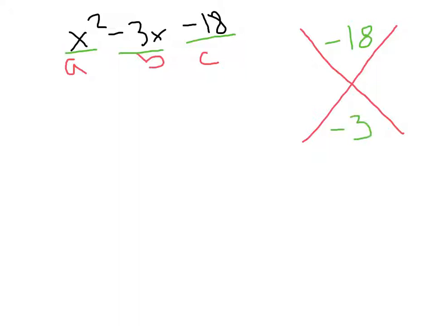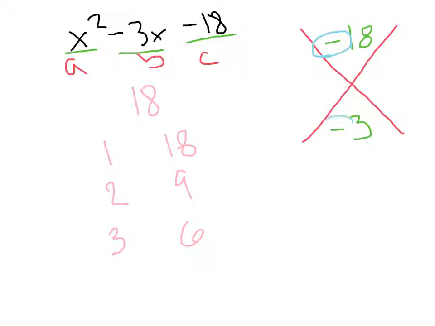And to find what the other two numbers are, we have to find the multiples of 18, which would be 1 and 18, 2 and 9, 3 and 6. And because the 18 has a negative, it means that one of these numbers will have to be negative.